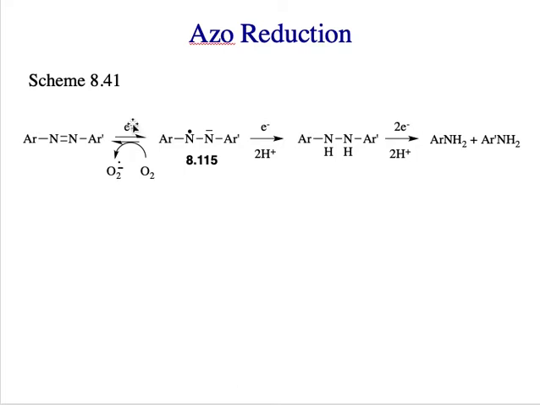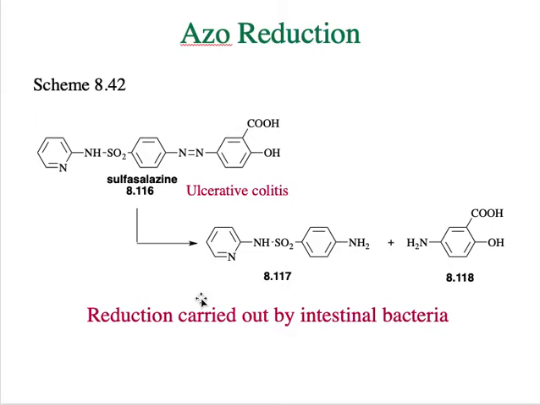Okay, for azo reduction, again, we said that this bond was going to break when we talked about it before in that table. This bond is going to break, and this is again another one of these 1 electron processes where you're likely going to find either this guy or this guy a lot of times. So here's an example of a drug that's used for ulcerative colitis, and your gut microbiota are the ones that are doing this.